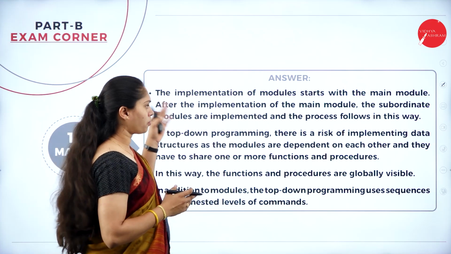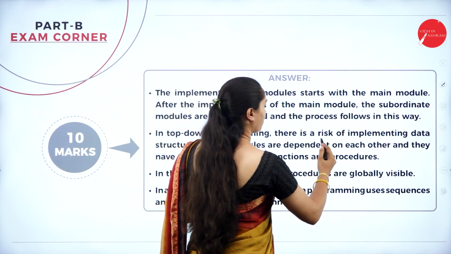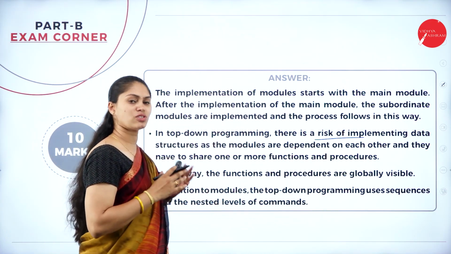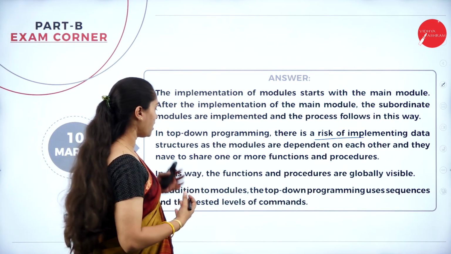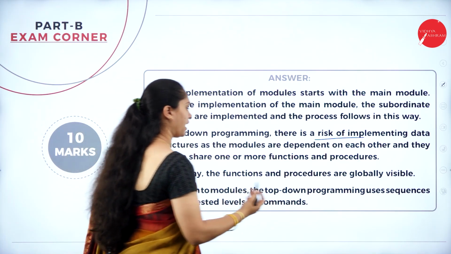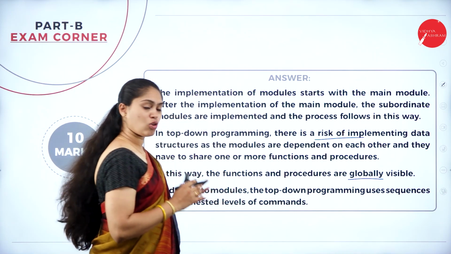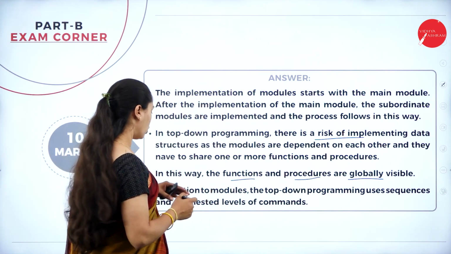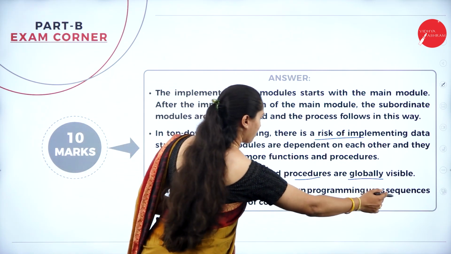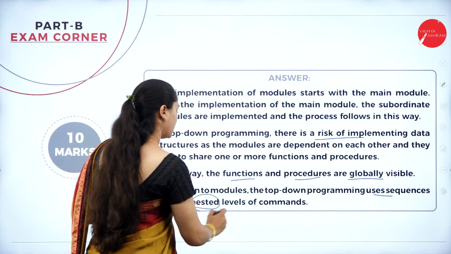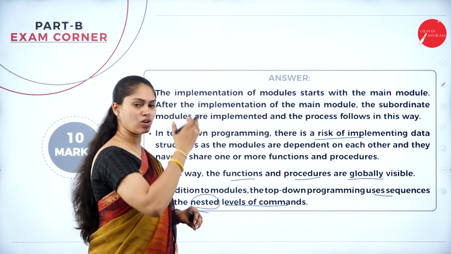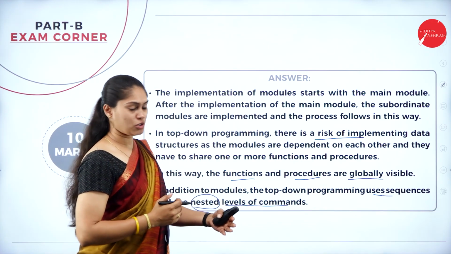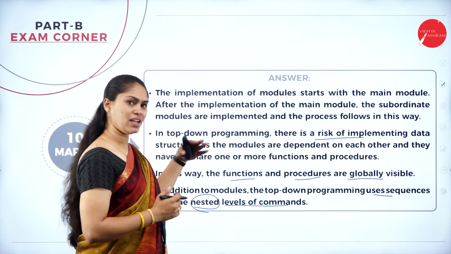Also in top-down programming, the risk of implementation of data is somewhat high, and it is helpful in having a global view of all the functions and procedures. Along with that, top-down programming uses sequences and nested levels of commands. So, this is what we have in the top-down programming approach.